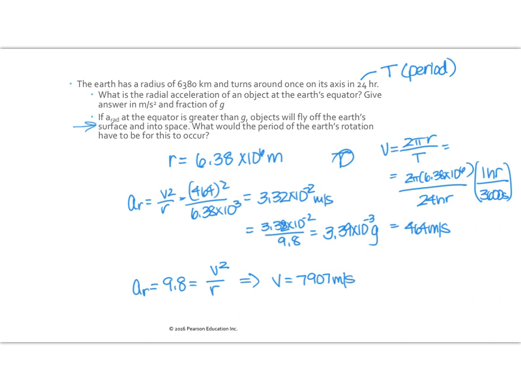Now we want to figure out what the period is of that motion. This would be given by 2 pi, the radius over the period. So we can find the period by rearranging this.